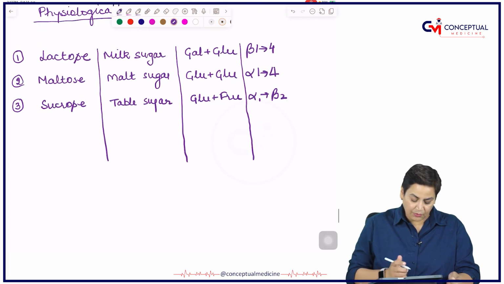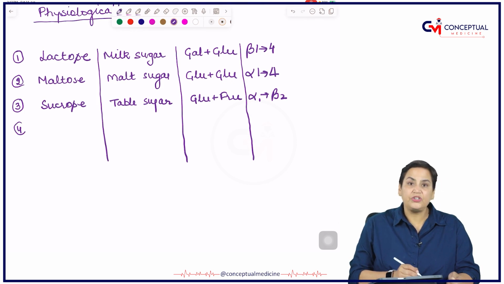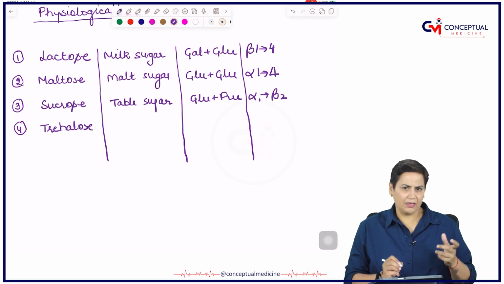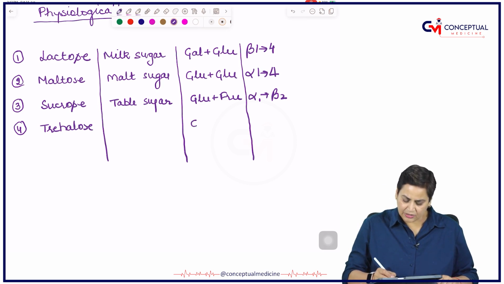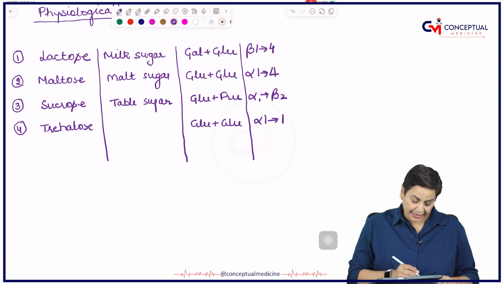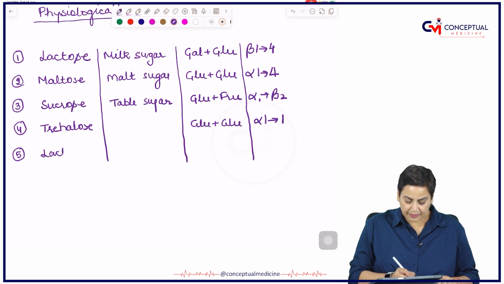Then we come to the fourth one, trehalose. Trehalose is present in the lower animals, and it has glucose plus glucose, which is linked as alpha 1,1. And then the fifth one is lactulose. Basically, lactulose is a synthetic sugar.